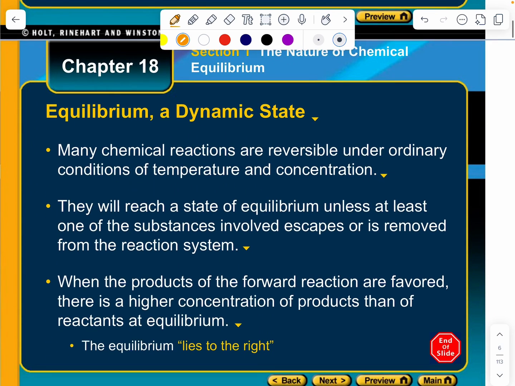Many chemical reactions are reversible under ordinary conditions of 1. Temperature, 2. Concentration. So these chemical reactions will be reversible and will reach a state of equilibrium unless at least one of the substances involved escapes or is removed from the reaction system.